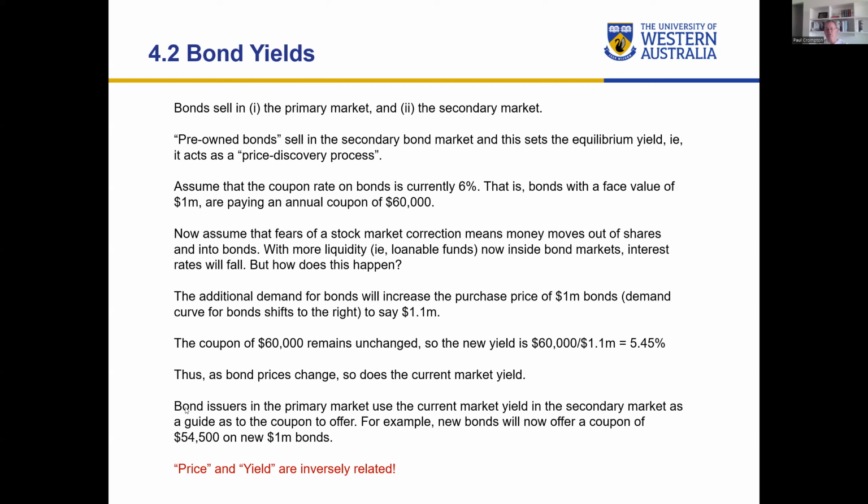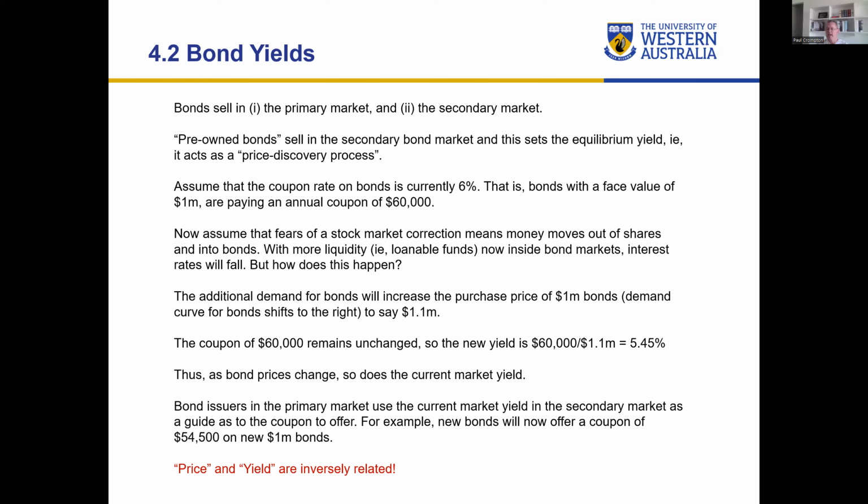So if a new issuer of bonds, that is a new borrower, comes along and issues bonds in the primary market to borrow money, then the coupon that they will now offer will be $54,500 on a $1 million bond. So that sort of raises the question, well, if you are issuing new bonds, how do you know what coupon to offer? Well, the secondary market will tell you.